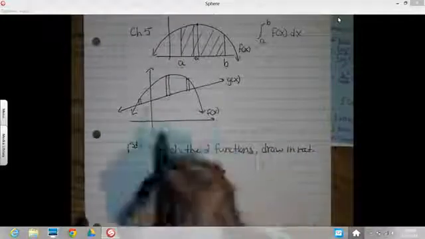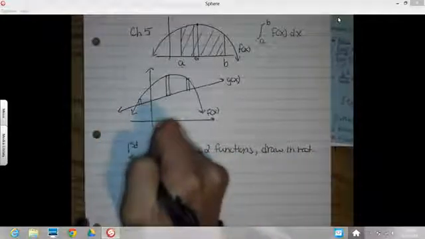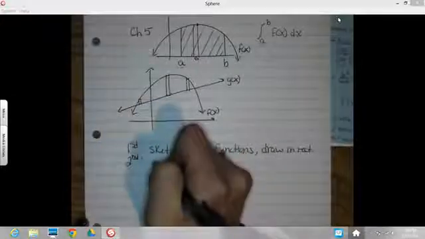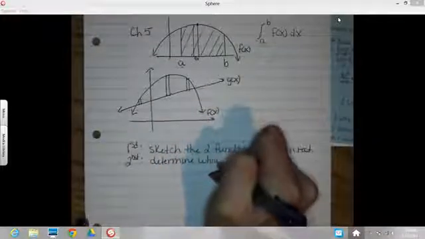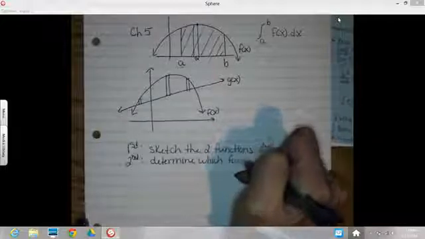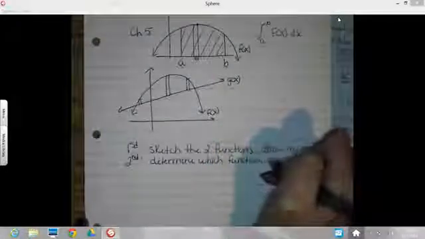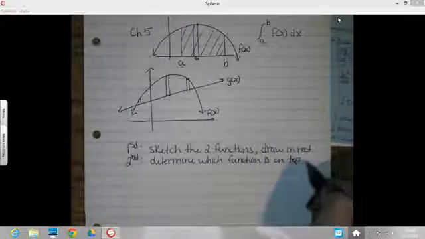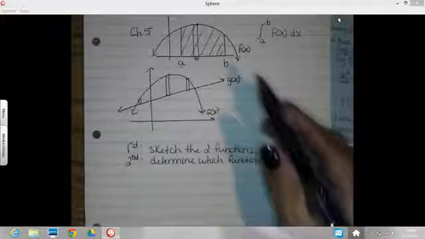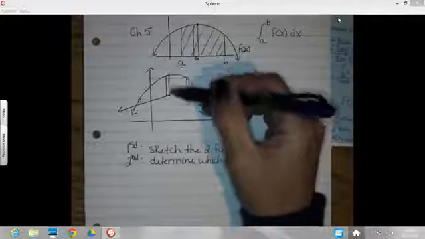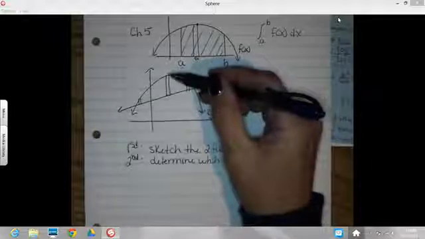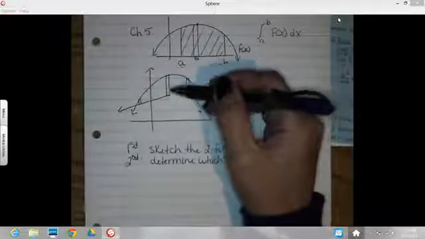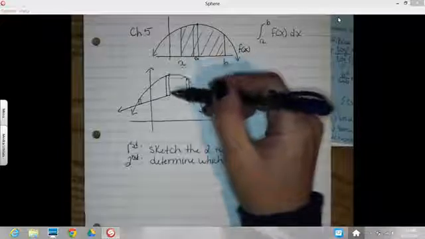After that, you need to determine which function is on top. This will help us set up our integral, because we want the height of the function to be positive. So we have to do top minus bottom, and that comes up in the next step. But you have to know which function's on top and which one's on the bottom.